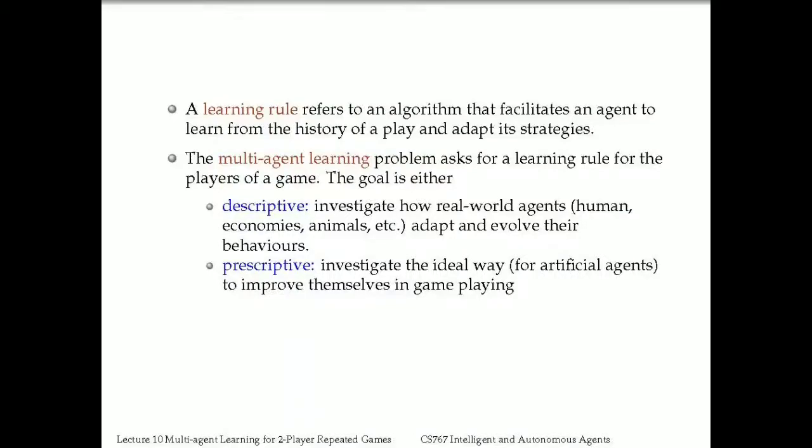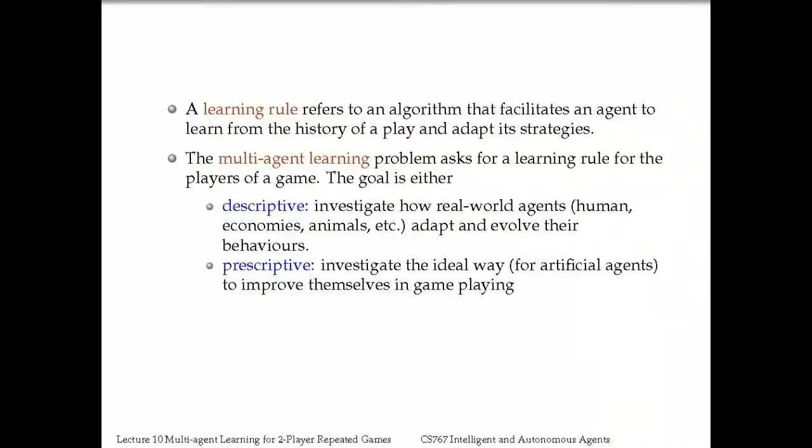The multi-agent learning problem can be approached from different angles. Particularly, there are two main goals that could arise when people are interested in studying learning. One is the descriptive goal. This is more in line with psychology or cognitive or behavioral scientists who are really interested in how the world evolves, how humans or animals or economies, organizations, and so on, are doing what they're doing now.